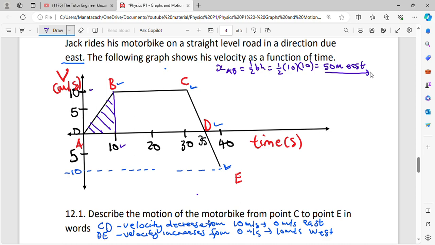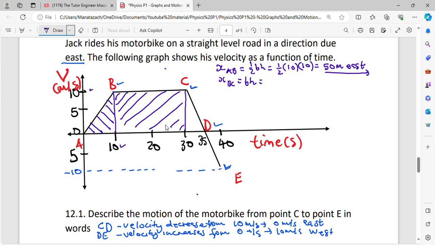And then at point C, we'll do likewise. Displacement between B and C, that now will be the area under the rectangle. So the area of a rectangle is base times height.